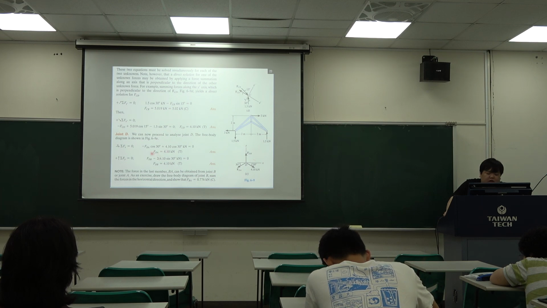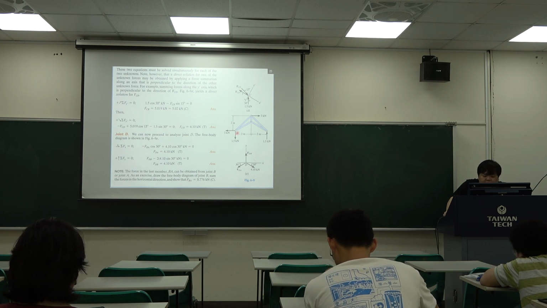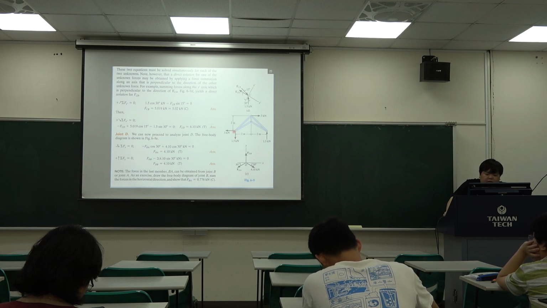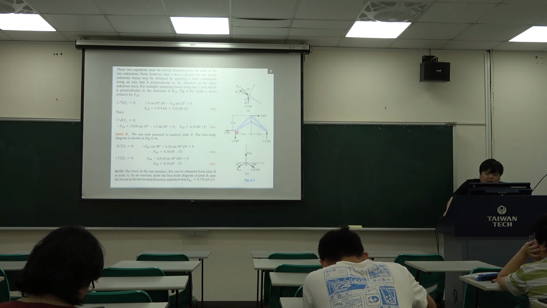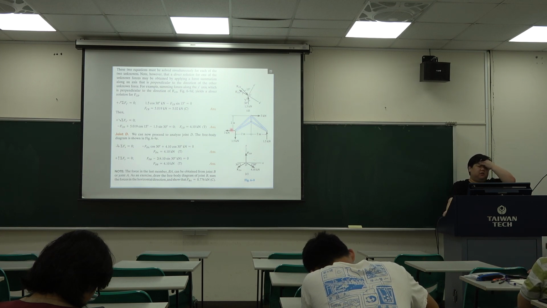So the answer is like this. And we can also use the same concept at point A. Then we know the one, two and three forces, with just one unknown force. So I think it's very easy to calculate the answer here.